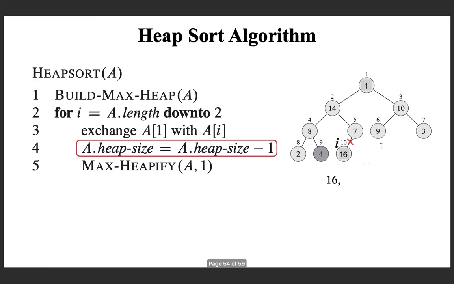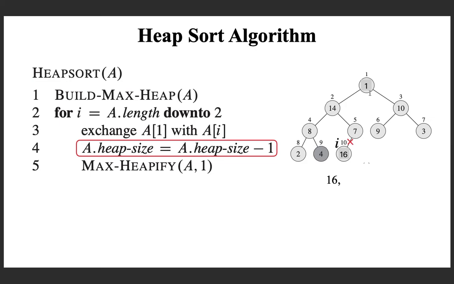So this is exactly what you did. You removed this 16, which is the largest element, and to the sorted list you are adding it. Now 16 is removed because it was the root node, guaranteed to be the largest value. You have interchanged it with the last element in the array, and so you got that last element here, and you can easily remove it.